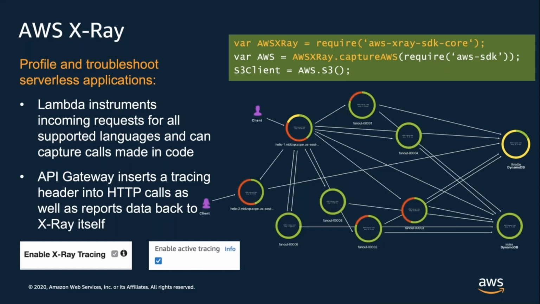So one of the next big capabilities of X-Ray is that it does generate this service map that you see. Now the service map can provide a ton of insight into things like failure rates and latencies and request rates. But again, by including the SDK, you get some of these extra benefits of seeing what the downstream services are that your Lambda function is talking to. So we see here, for example, again, the service map.